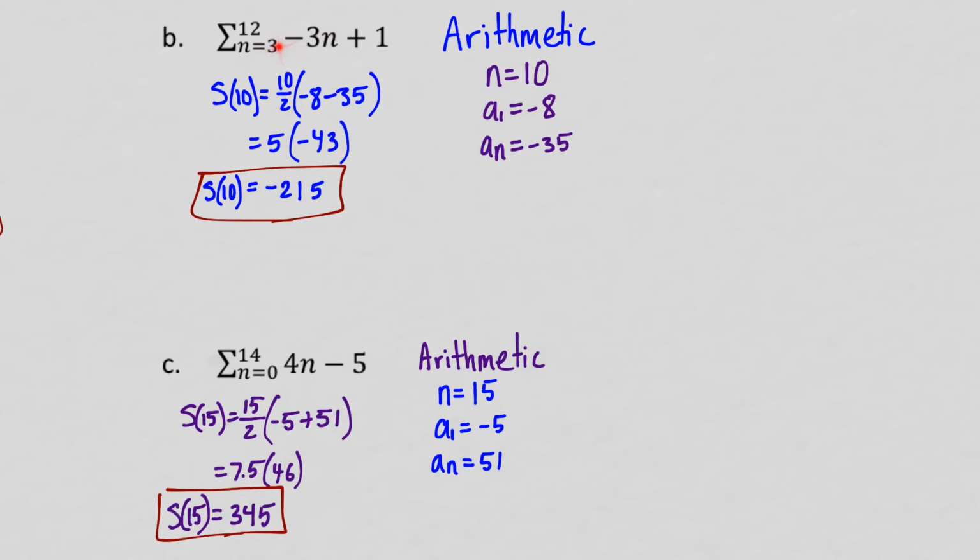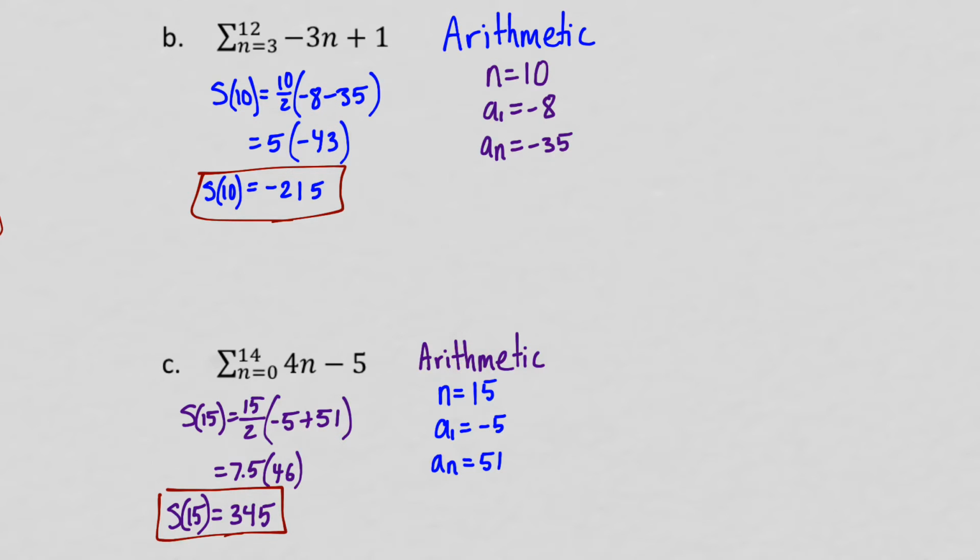Plug in 3 and I got negative 9 plus 1 is negative 8. A sub n is the final term, which is negative 35. I got that by plugging in 12. Negative 36 plus 1 is negative 35. So using those numbers, I plug them all in here into my sum formula for the arithmetic sum. And I got negative 43 in here times 5 is negative 215.